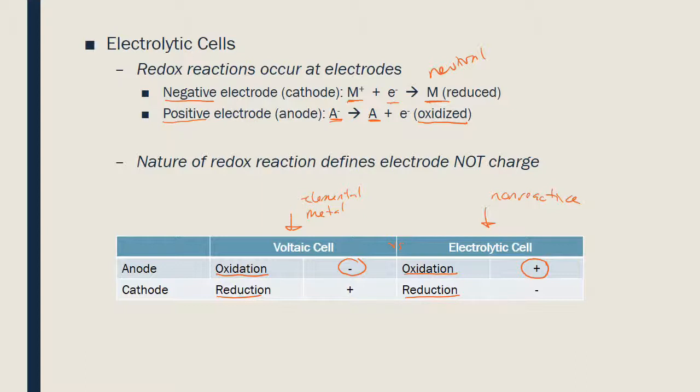In the voltaic cell, the cathode is positive. Okay, so those electrons are moving towards the positive cathode. That's where the attraction is occurring, right? So that the electrons can be attracted over there in order to reduce the ions in that half cell. In the electrolytic cell, the cathode is negative because electrons are being pushed onto that electrode, attracting the cations to it in order to have reduction occur.